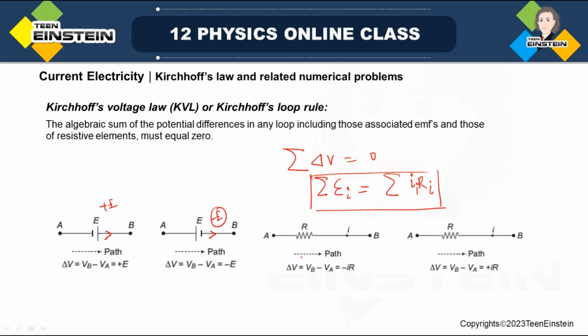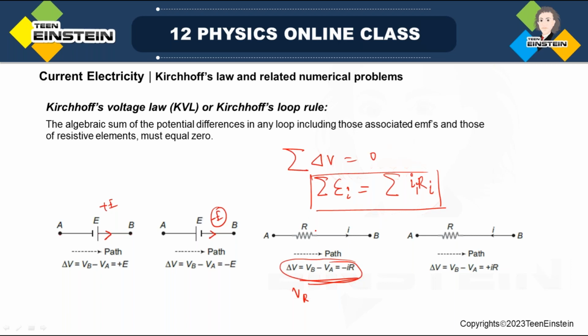In case of a resistor also, when we are going through this path A to B, if the current flows in this way, actually this is the change in the voltage, that's why it is negative. But what we will do, we'll just take IR. So please don't get confused with this. This is actually VB minus VA. VB is lower potential, VA is higher potential. So that's why it is negative, it is said here, but we'll say VR.